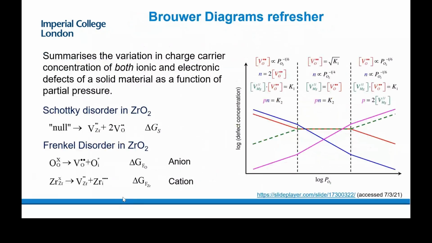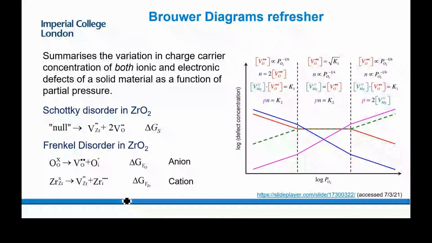Okay. So Brouwer diagrams and Schottky defects and Frenkel disorder, this is just summarizing the assumed knowledge. This is an example of a Brouwer diagram. You get the log of the concentration against the log of the PO2.